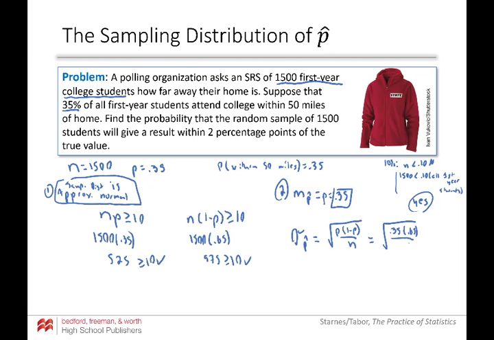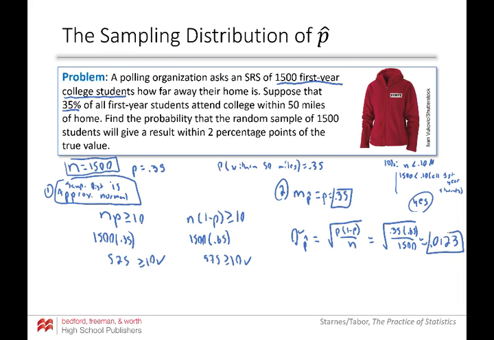N is right here, once again, 1,500. All right, so that's going to give you the square root of 0.35 times 0.65, and then we're dividing that by 1,500. And that's 0.0123 rounded.